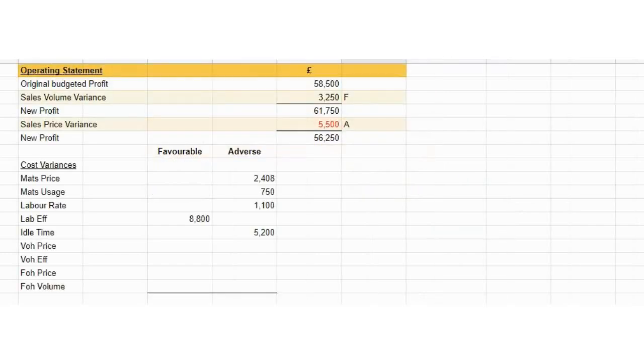To continue building the operating statement, I'm simply going to copy these variances over. The variable overhead expenditure variance was £1,300 adverse, so I'm going to put £1,300 into the adverse column, and the efficiency variance was £2,200 favourable, so I'm going to put £2,200 into the favourable column, and soon we should be able to total these columns up.